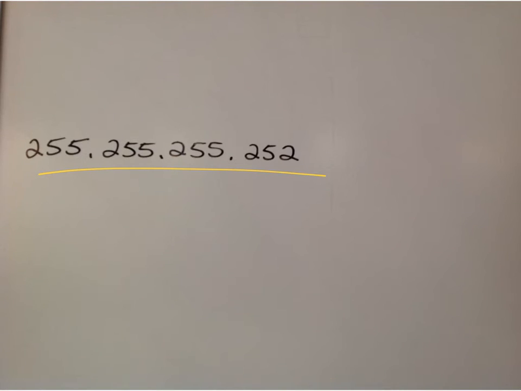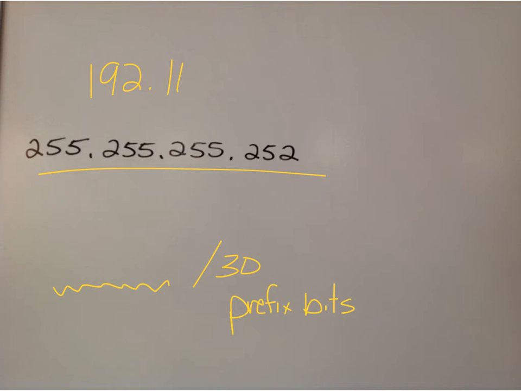If you have an address with a /30, that means you have 30 prefix bits identifying the network part of the address. So say I had 192.168.1.0/30.